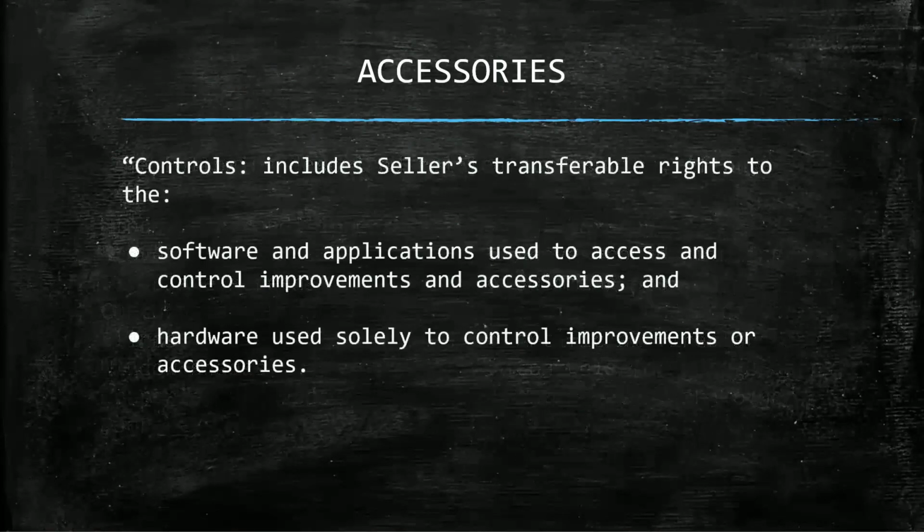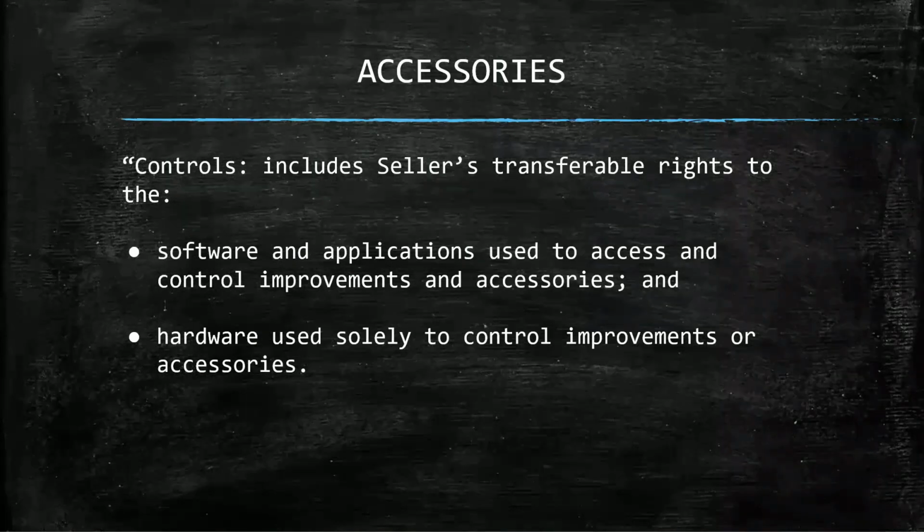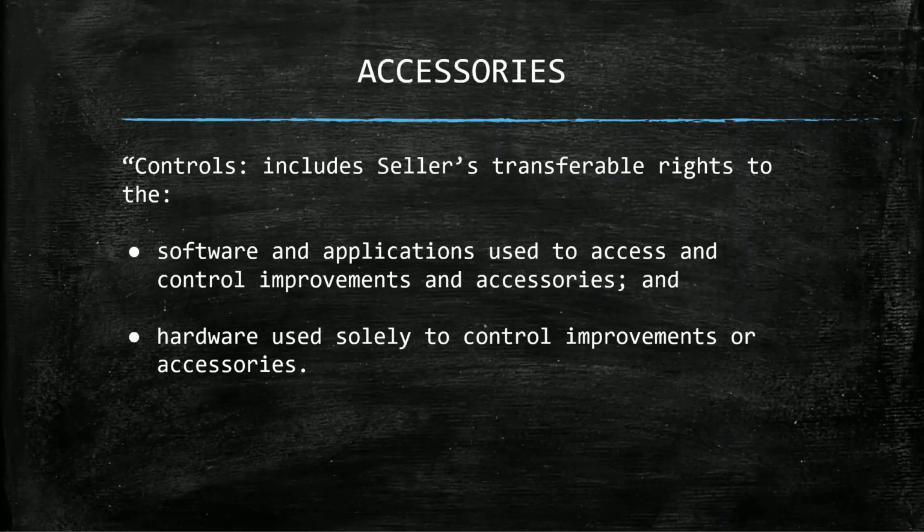And when we're talking about controls, Trek goes into a little bit more detail in their definition. And they say, in addition to the hardware, controls is going to include sellers' transferable rights to the software and applications that are used to access and control improvements and accessories.